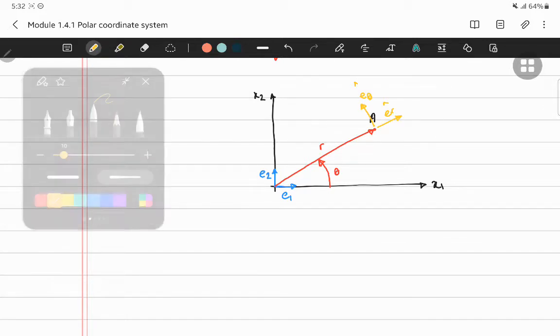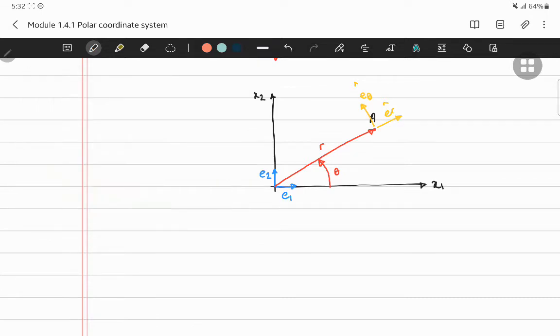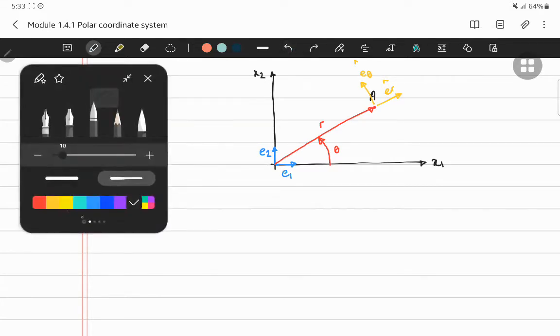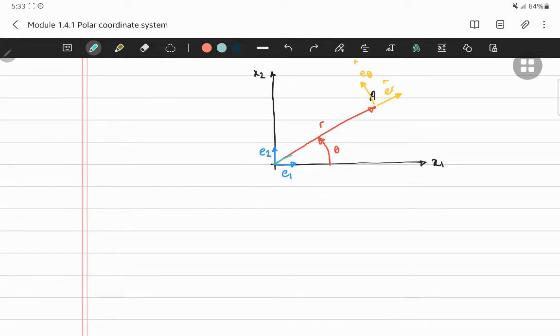So if we write this E_r and E theta in terms of E1 and E2, so if we transfer E_r here, this is E_r, and let me use another color, this is E_r and this is E theta.